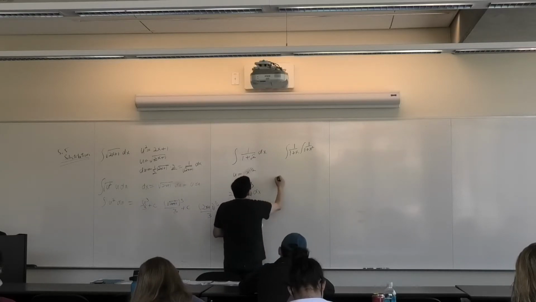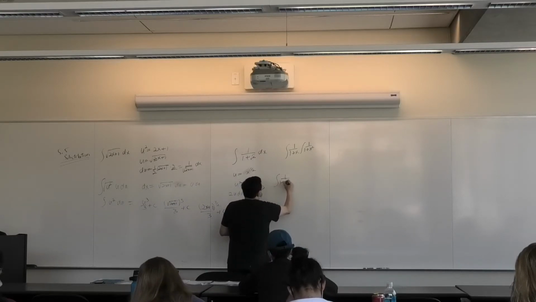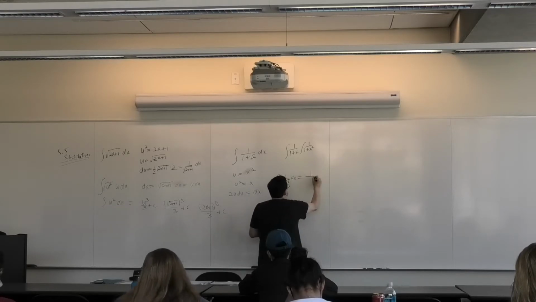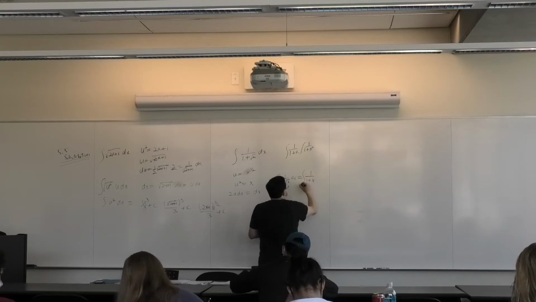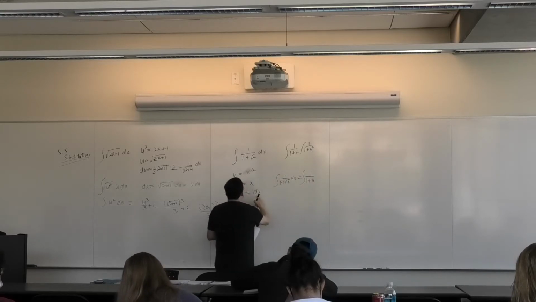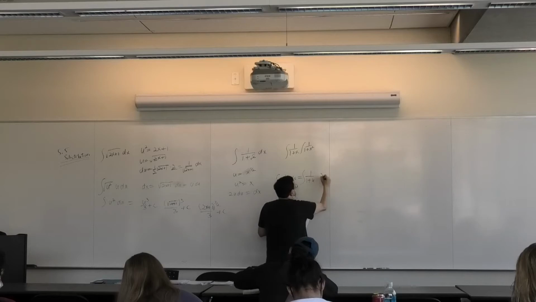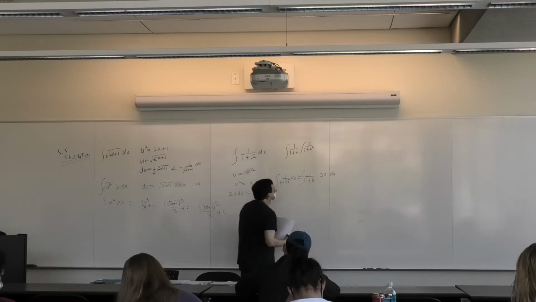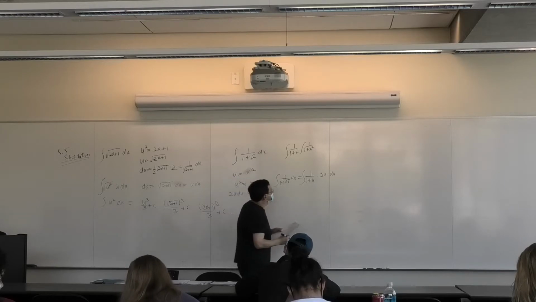Right, so my integral becomes what? 1 over 1 plus u, and dx becomes 2u du. Right?